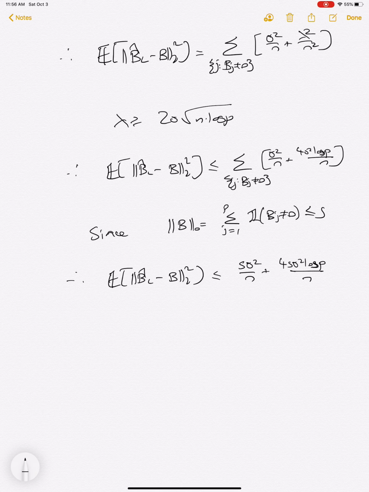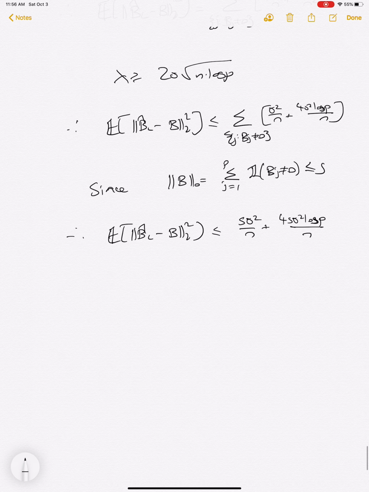And just to give some intuition behind this, this is the error in estimating the s non-zero coefficients.